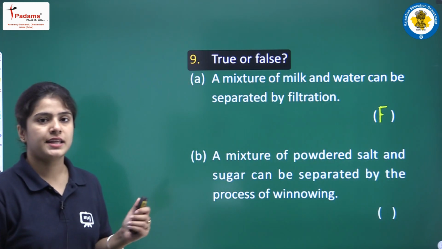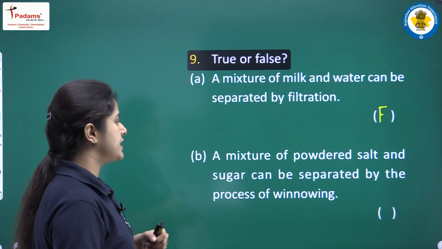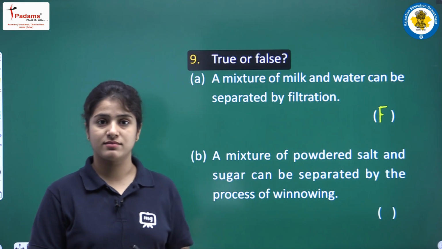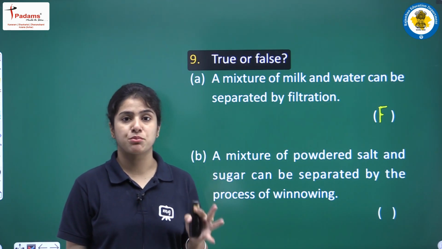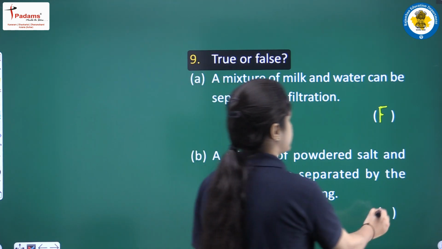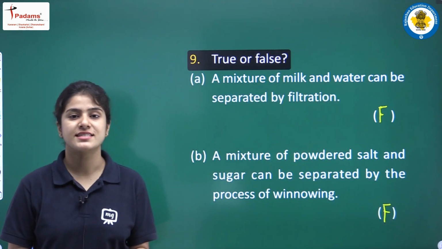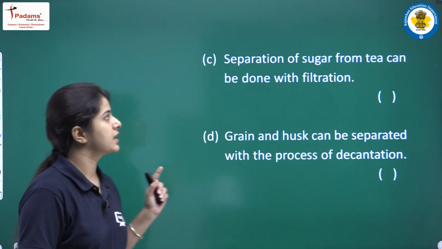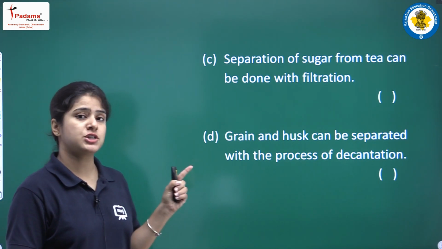Next, a mixture of powdered salt and sugar can be separated by the process of winnowing. No students, you can't separate powdered salt and sugar with the help of winnowing. So this is also false. Next, separation of sugar from tea can be done with the help of filtration.